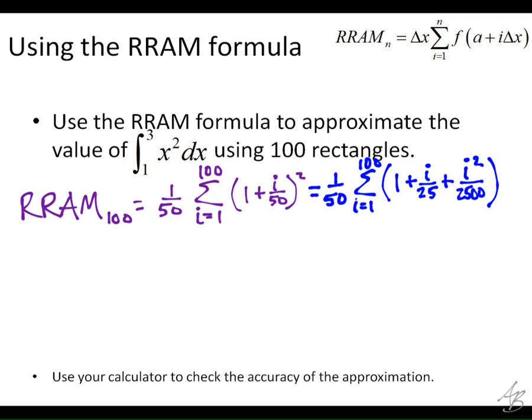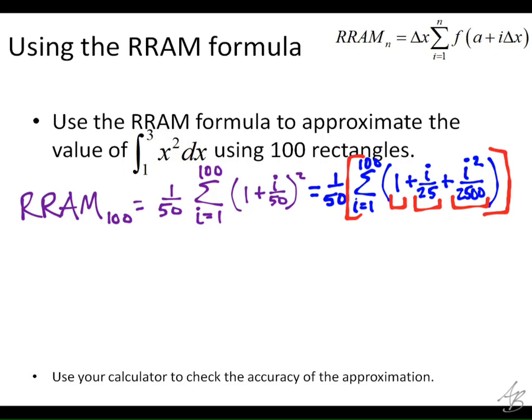Now I'm going to do 2 things in the same step here. I'm going to split this up into 3 separate sums. This whole thing right here, I'm going to put in a bracket. This whole sum can be split up into 3 sums: a sum for that term, a sum for that term, and a sum for that term.